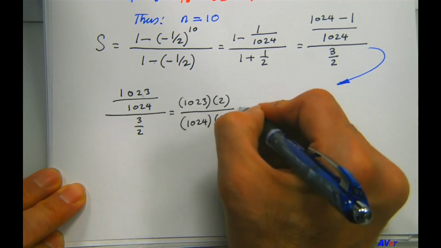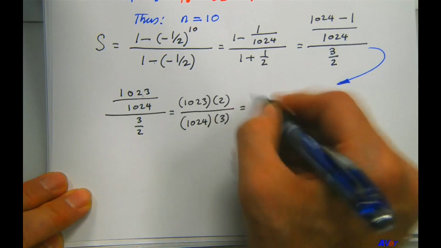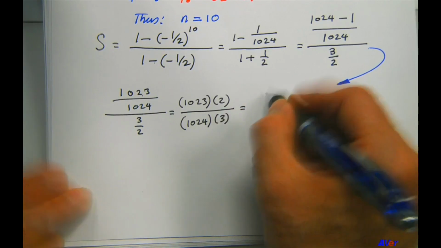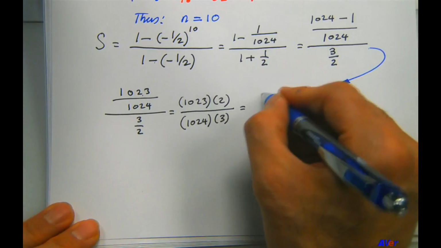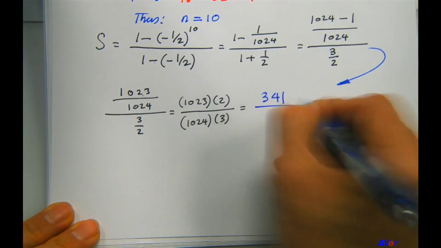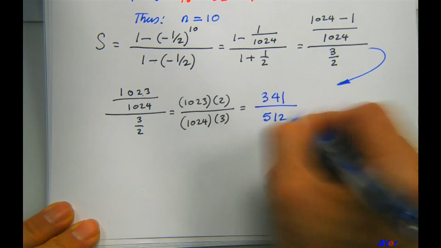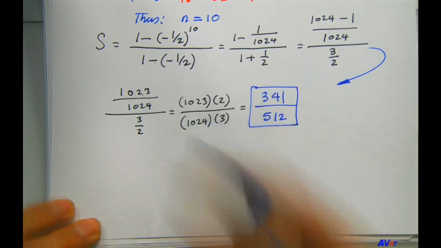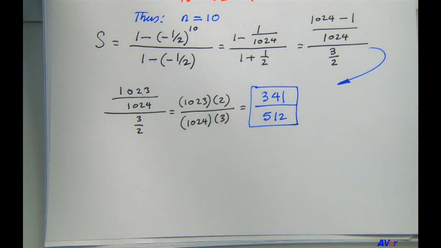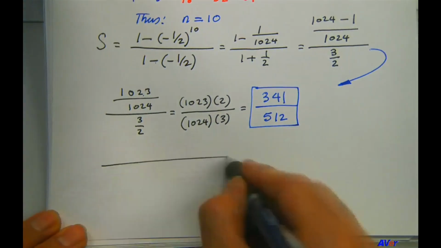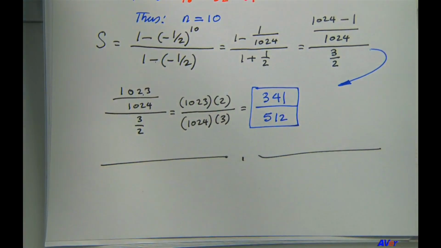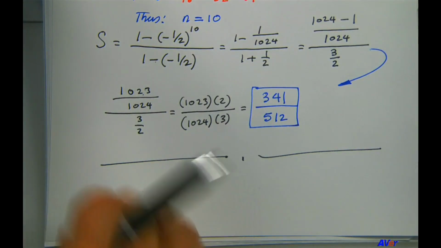Okay, so now after simplifying, we get 341 over 512 after simplification. Okay, we have that. All right, let's do another example.